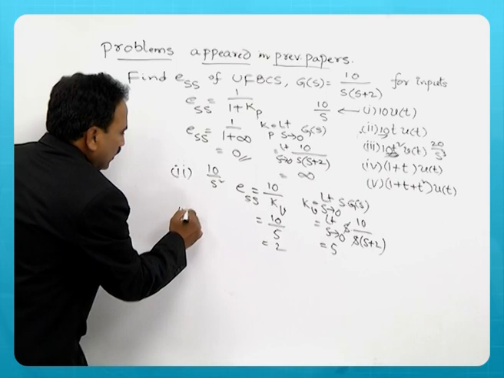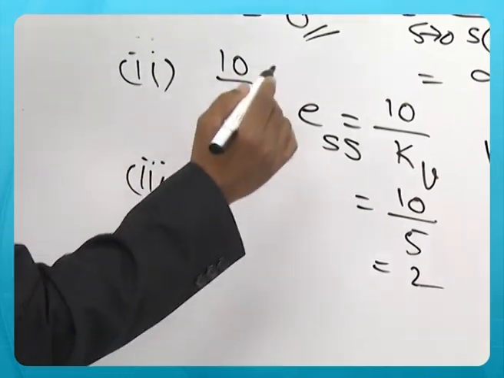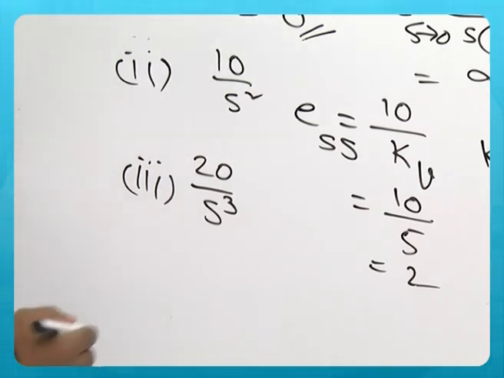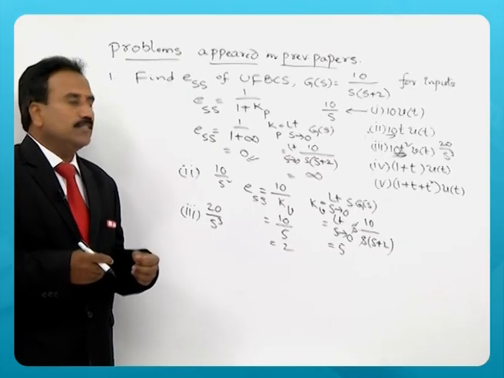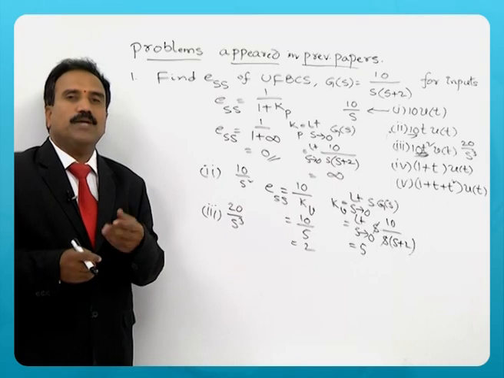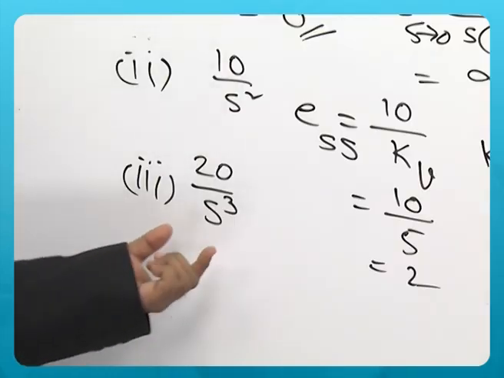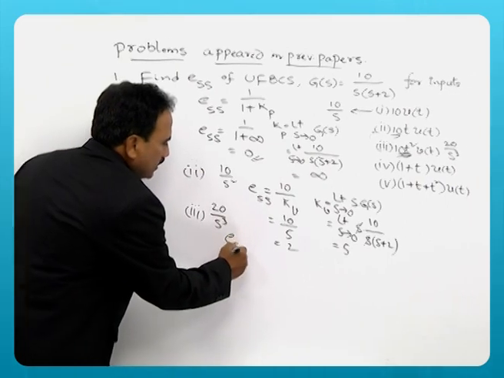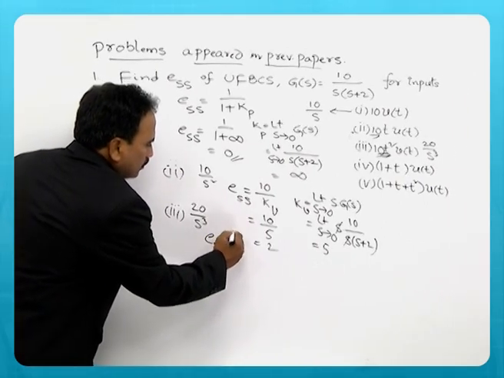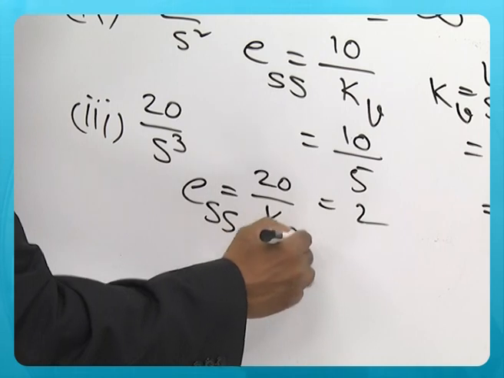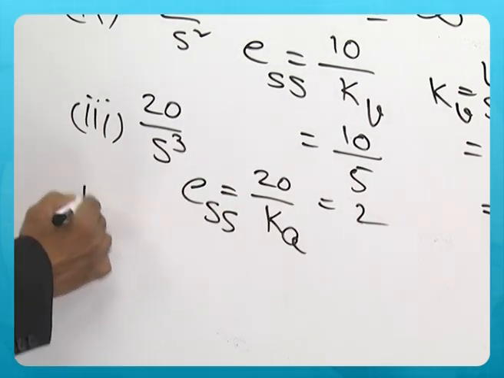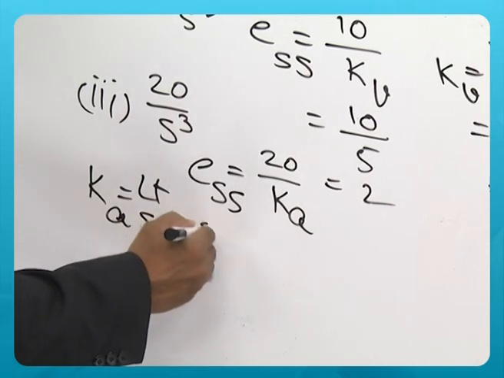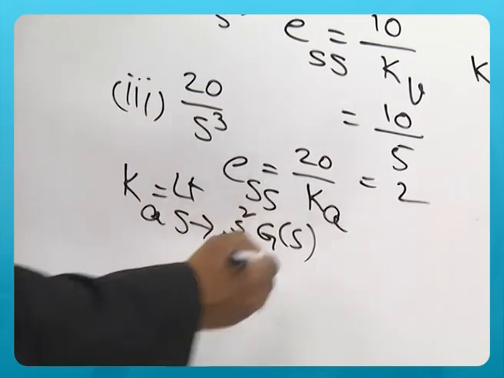So, case 3, the input is 20 by s cube, a parabolic input. The formula for steady state error is 20 by Ka, where Ka is limit s tending to 0 of s square G(s).